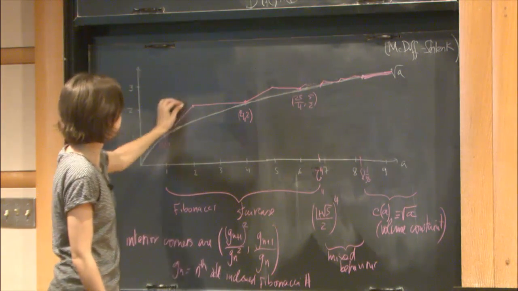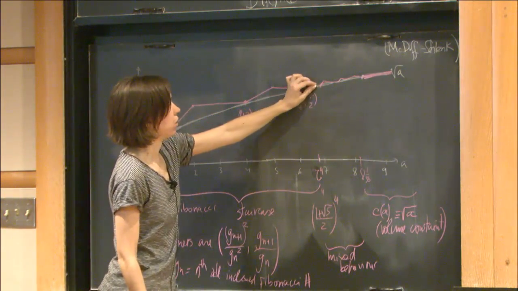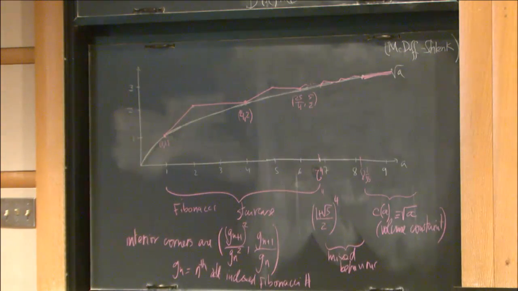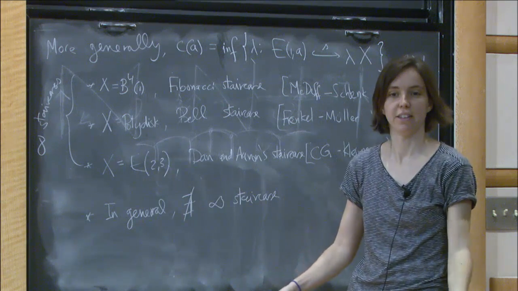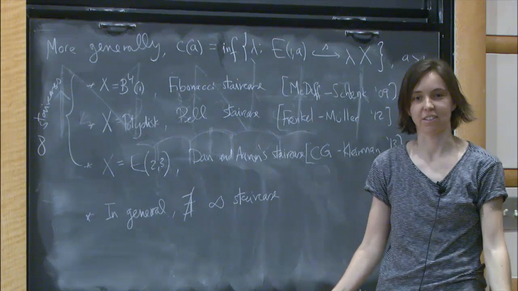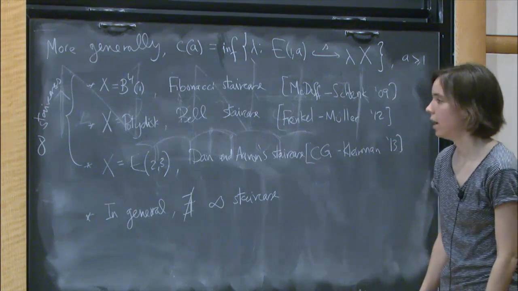But it doesn't have this accumulation of smaller and smaller steps. General means, for general X, for the X's that we tried. It is very hard to find an X that has an infinite staircase.